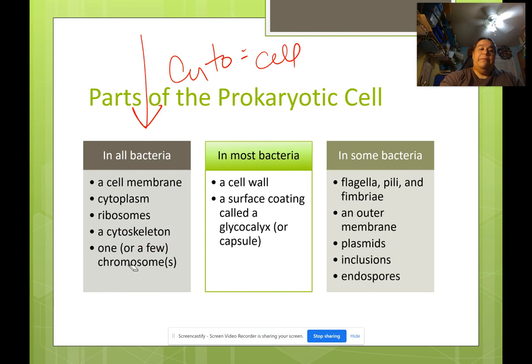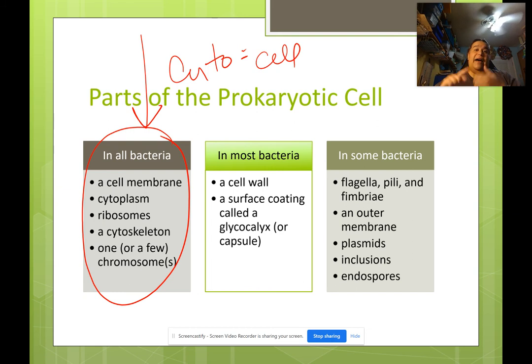Now, keep in mind that this is in all bacteria. You will have a cell membrane, you will have cytoplasm, you will have ribosomes, you will have a cytoskeleton, and you will have a chromosome, genetic material.